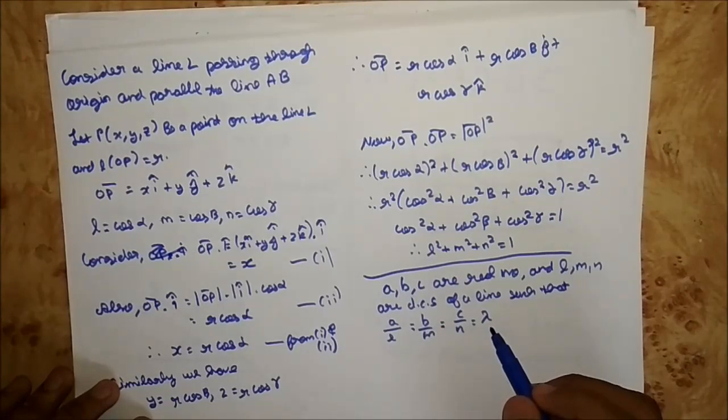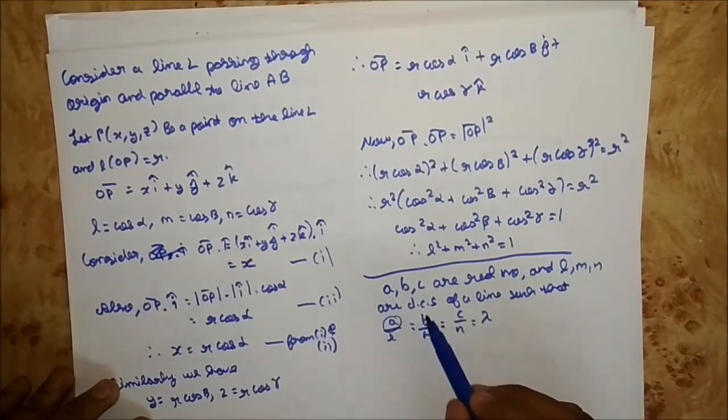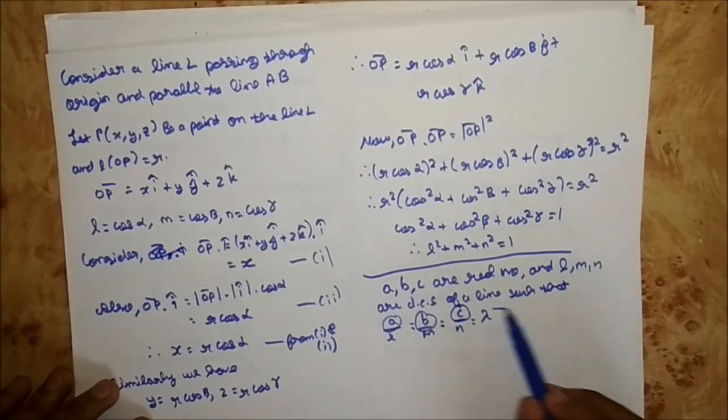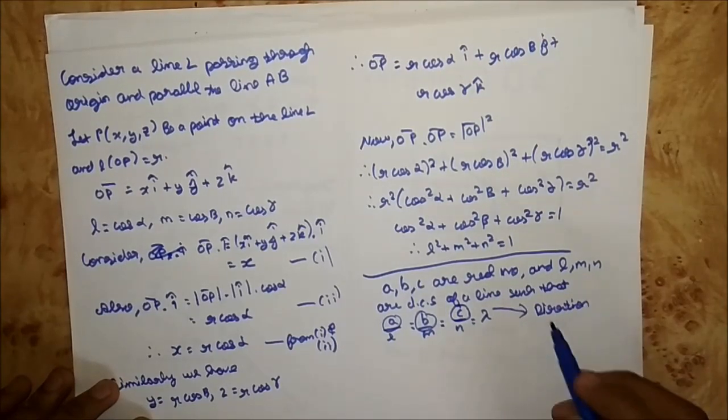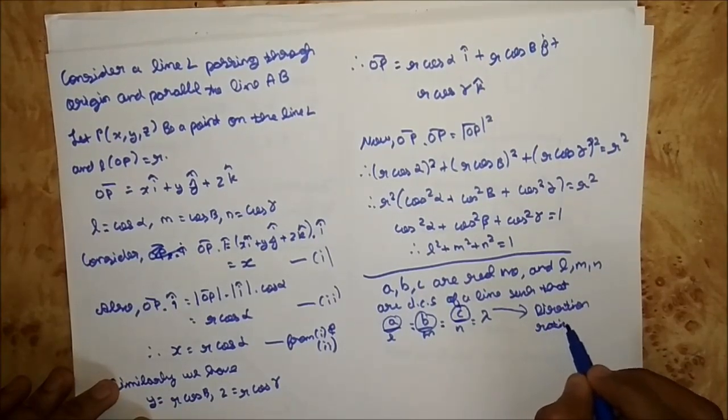Then a, b, c are called directional ratios of that line.